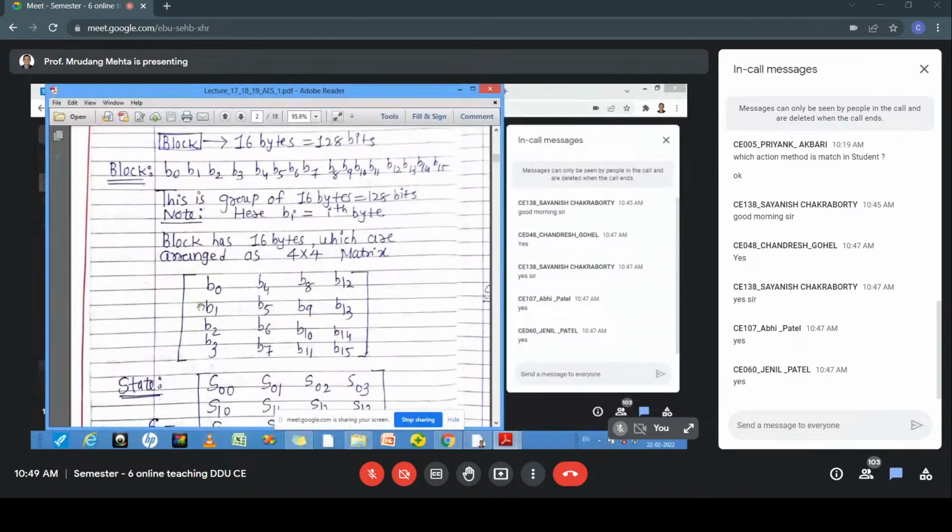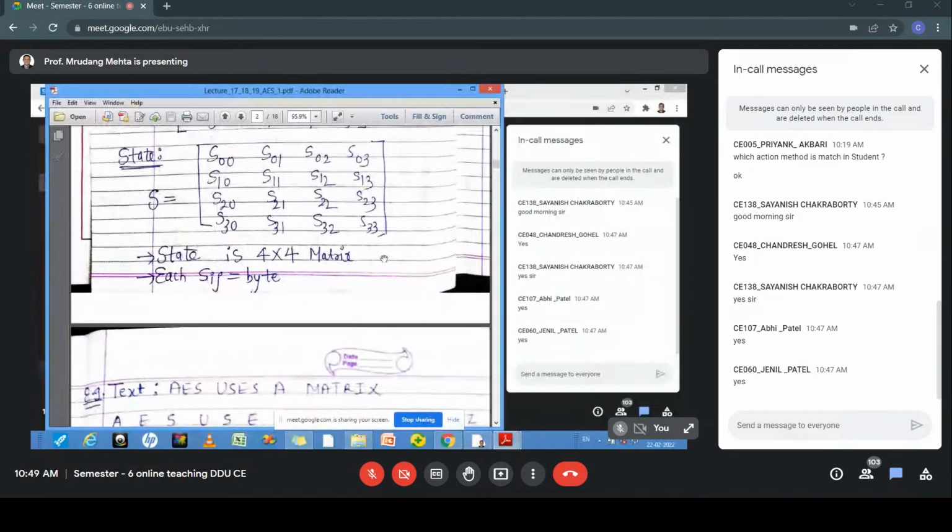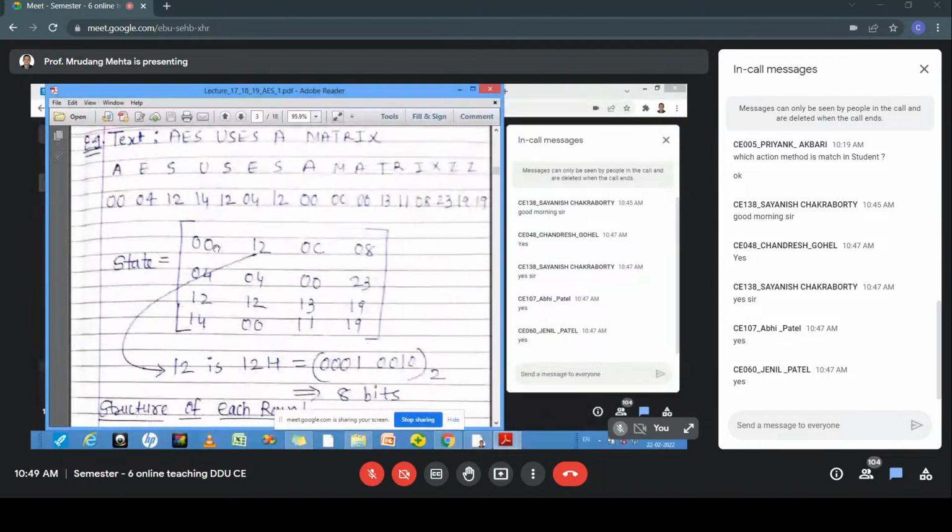So it is arranged as a matrix of 4 cross 4, B0, B1, B2, B3, B4, B7, B12 to B15. The state is S00, S01, S02, S03, and up to S33. Now Sij is a byte. So in a matrix of 4 cross 4, each element is a byte. And we had seen that the text in AES uses a matrix, A is 00, E is 04.